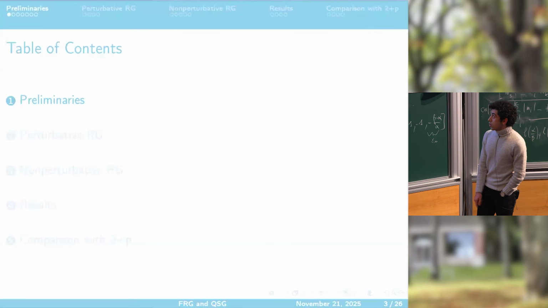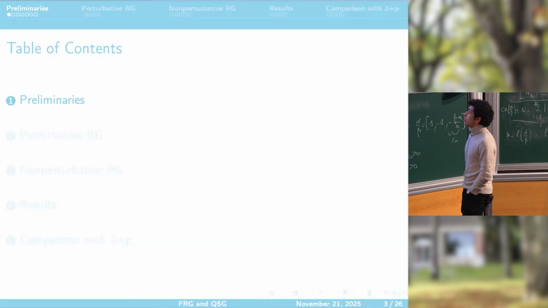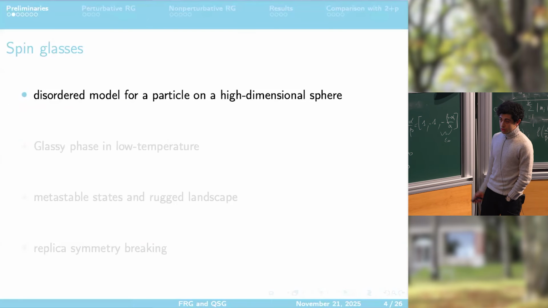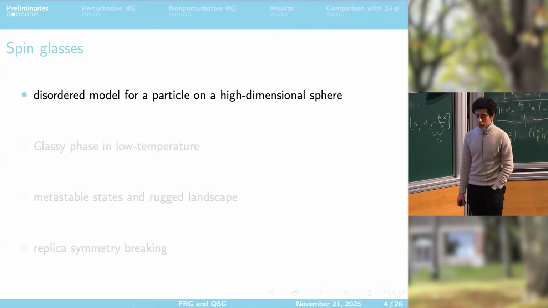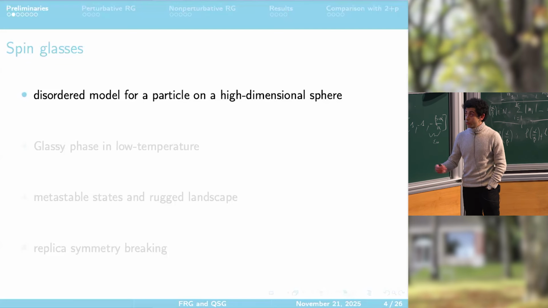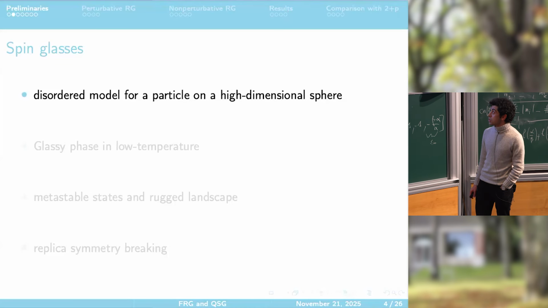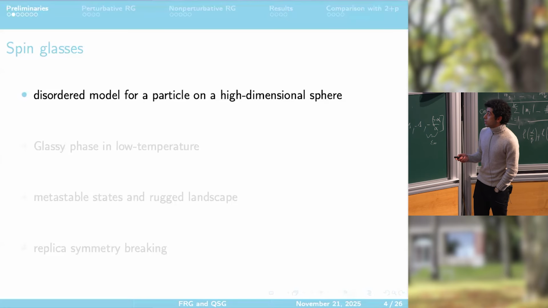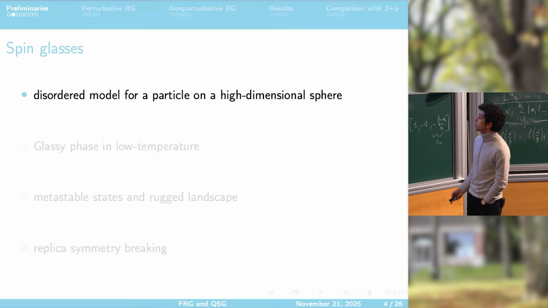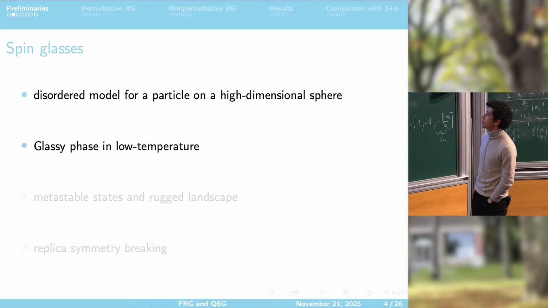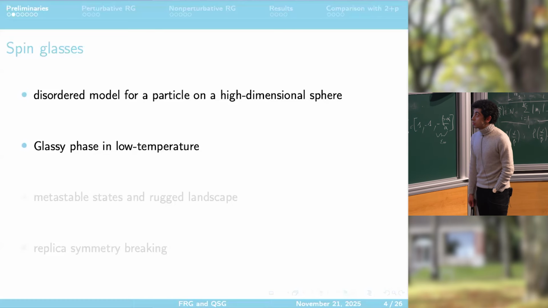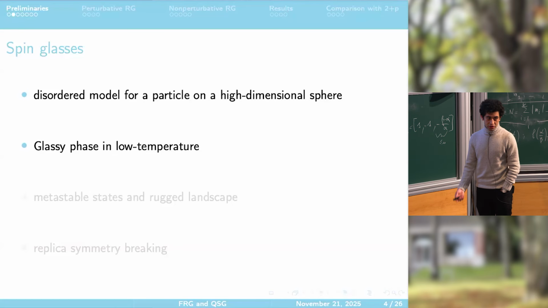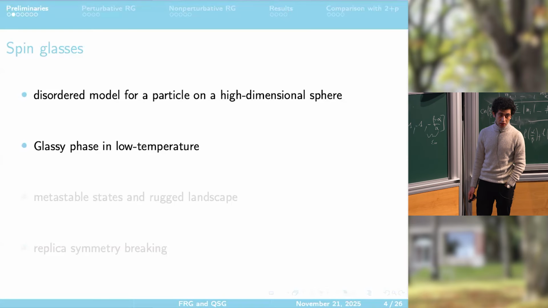So for the preliminary part to start with, first of all, what are spin glasses? These are very well-known disordered models for a particle on a high-dimensional sphere. One interesting fact about them is that they go through a phase transition at low temperature that moves them to a glassy phase.